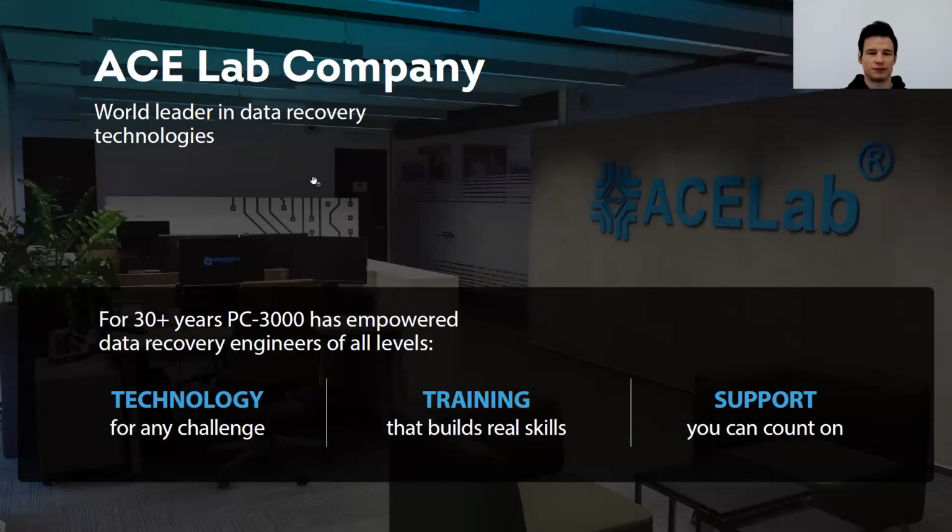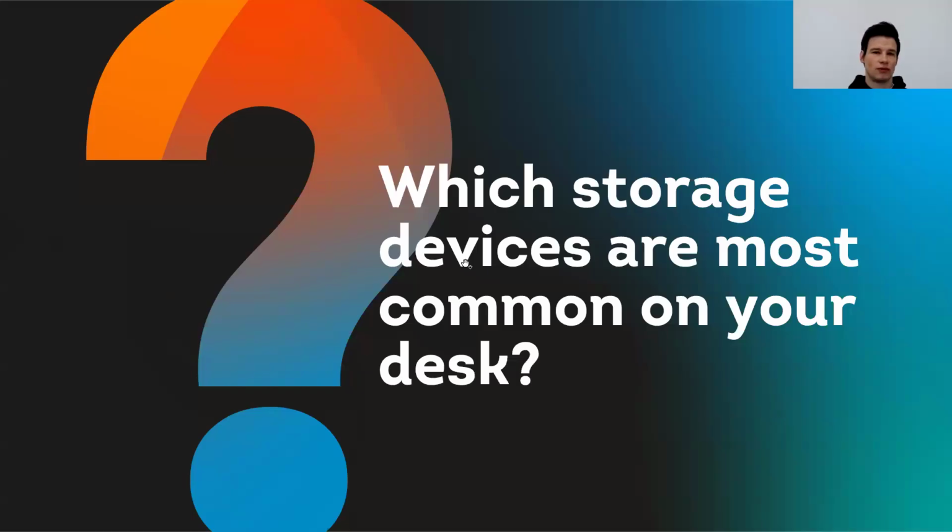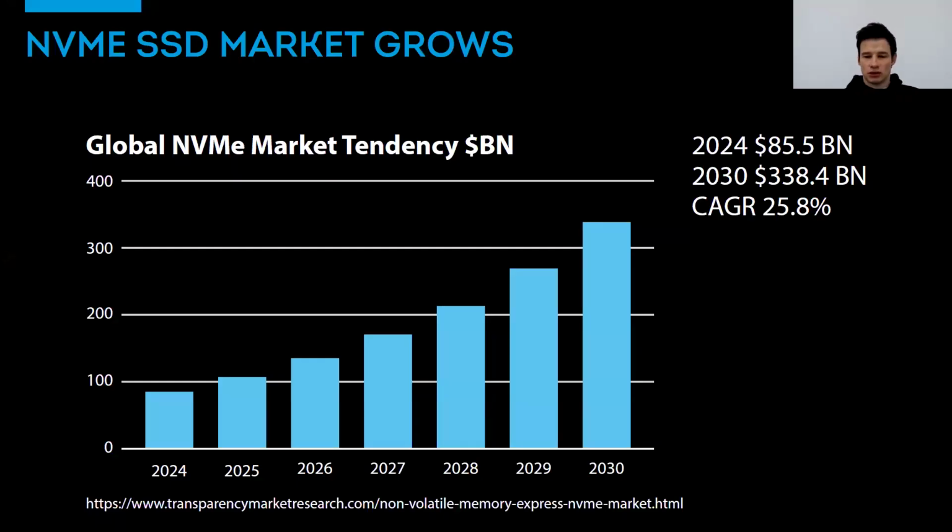So, first of all, let's answer the question, which storage devices are most common on your desk, because based on this, we can actually understand what are the most burning cases that you have in your laboratories and in your offices. And of course, if we take a look at 2025, at 2026 year, we can definitely say that right now the NVMe SSD market is, if not on top, then very close to it.